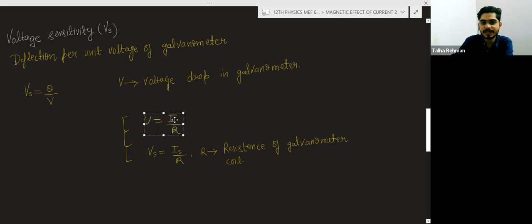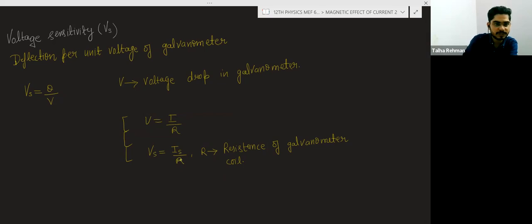V is equal to IR. So voltage sensitivity, you can say, is current sensitivity divided by the resistance.